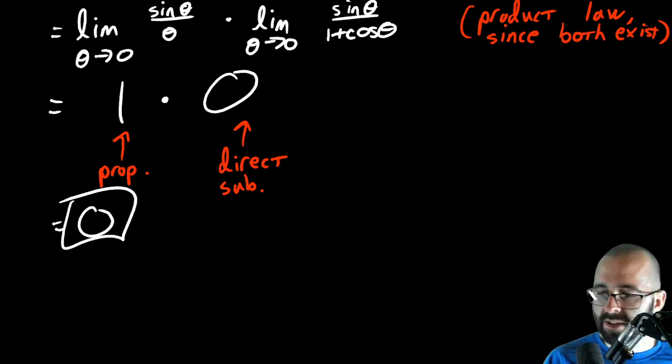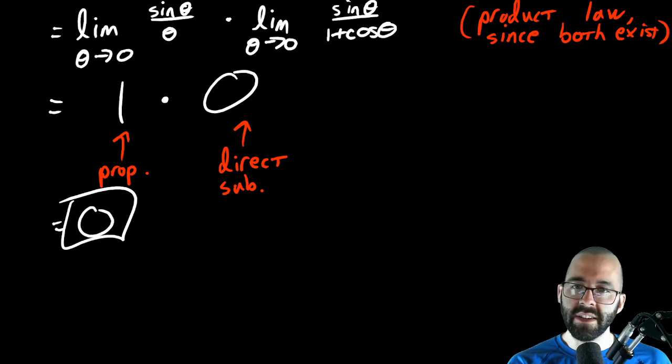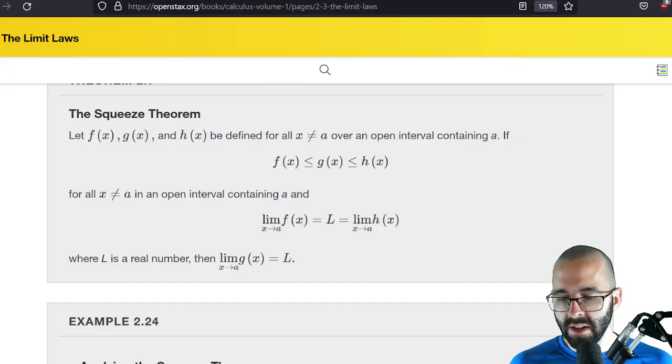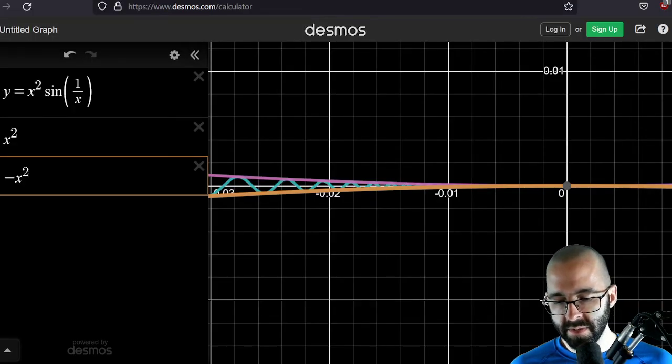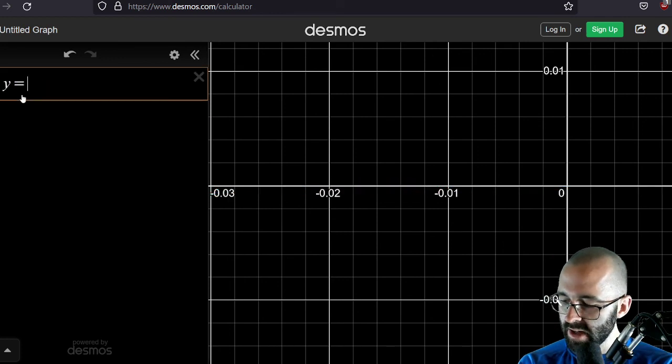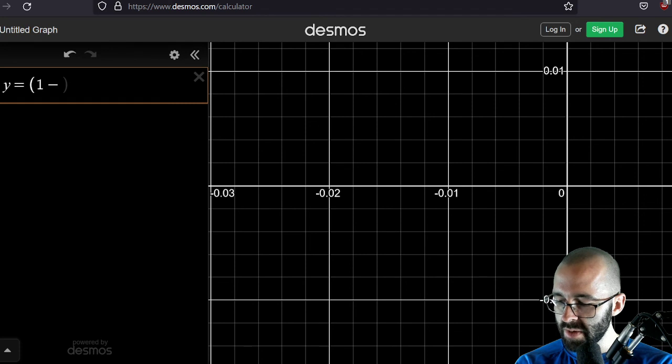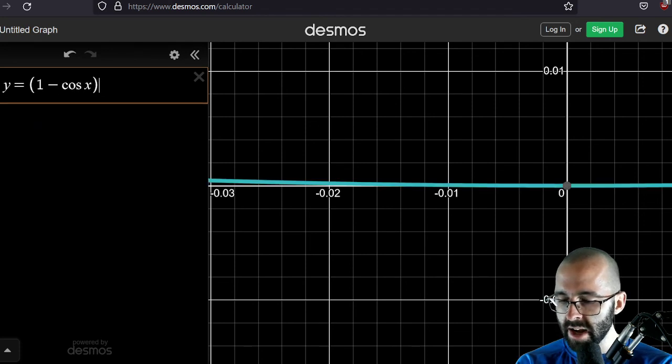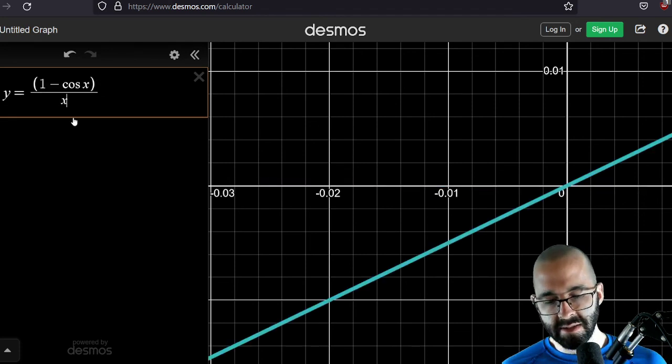Let's look at this graphically. This is actually another very famous limit that we can prove at the end of the quarter. This is kind of where it's coming from. So let's look at y equals, this function is 1 minus cosine of theta, or x, divided by x.